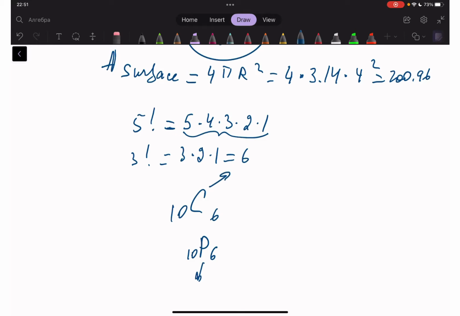What is combination and permutation? When we have, for example, 20 total elements, and out of these 20 elements we want to choose 5, you have to choose possible 5 elements and see how many combinations we can get. So both of them solve the same task.